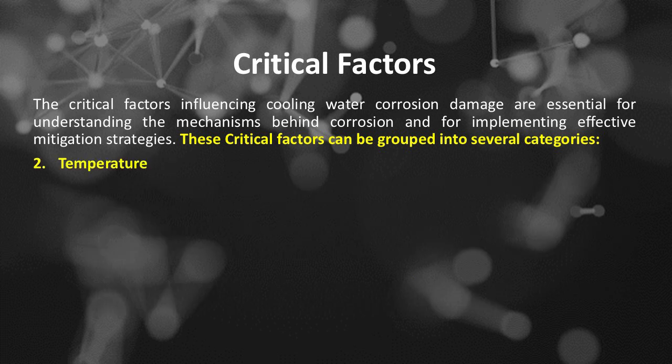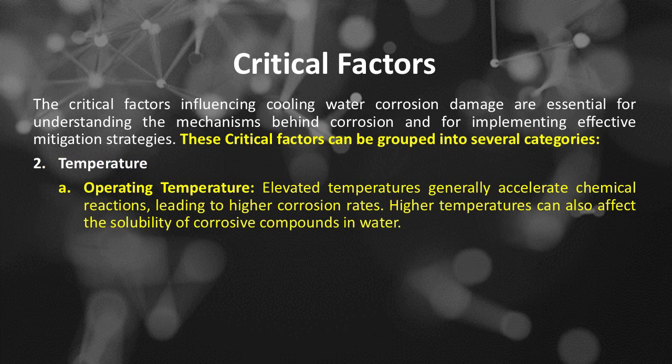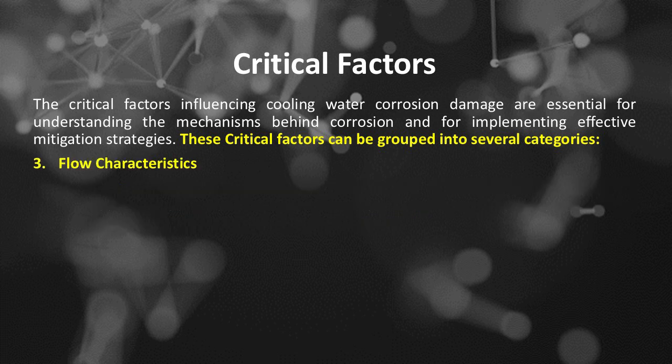Number 2 of critical factors group categories is temperature. Number A of temperature group is operating temperature. Elevated temperatures generally accelerate chemical reactions, leading to higher corrosion rates. Higher temperatures can also affect the solubility of corrosive compounds in water. Number 3 of critical factors group categories is flow characteristics.